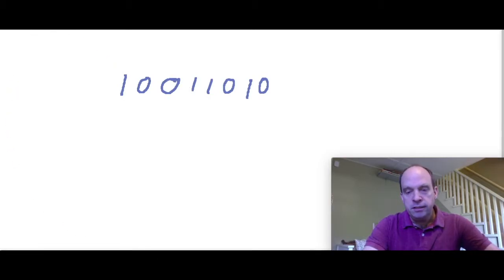And let's note at the top the place value of these digits. So remember that the rightmost place value is 1, just like in decimal. The second is 2, this 2's place. The third is 4, the 4's place. And let's note for a second that we're in base 2.